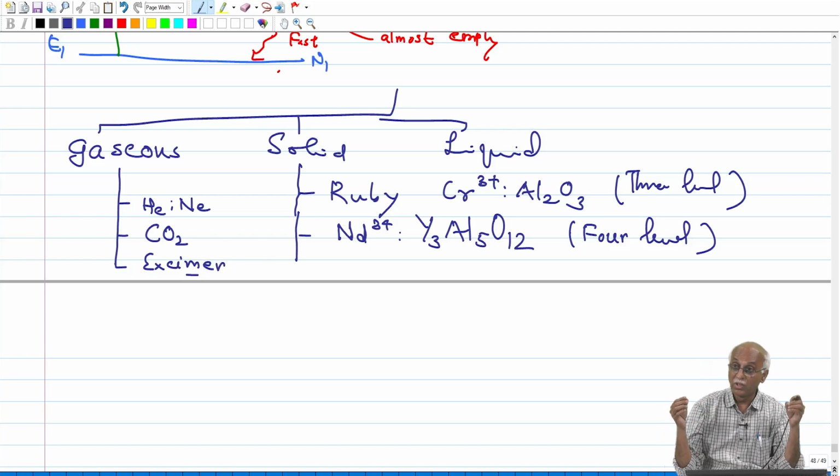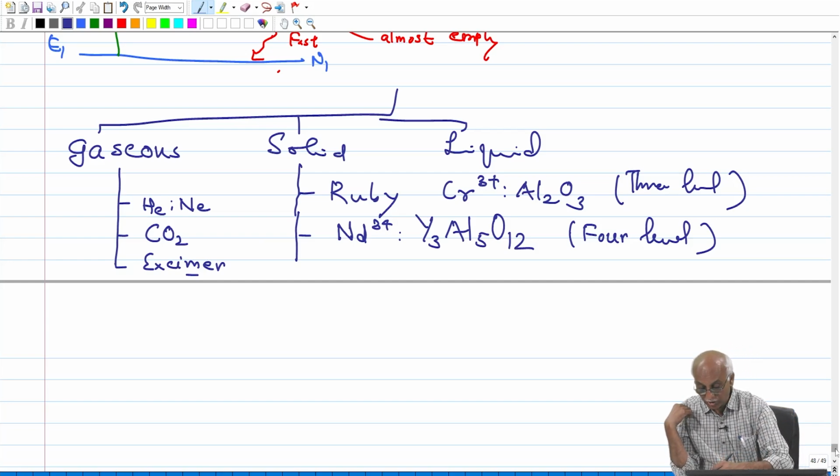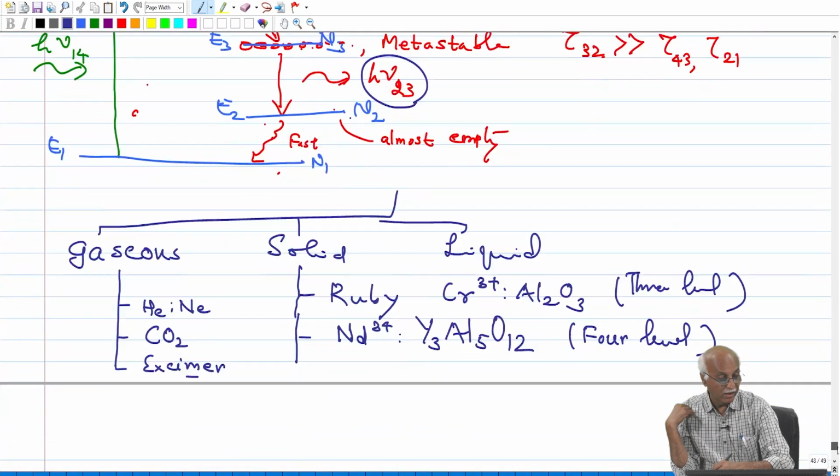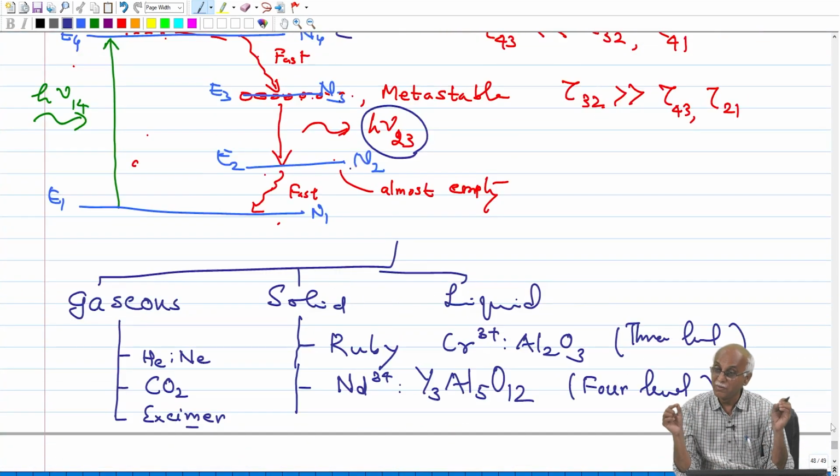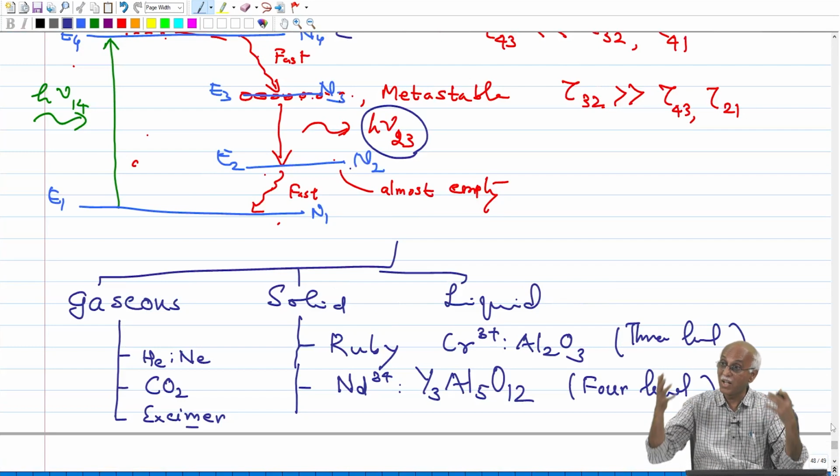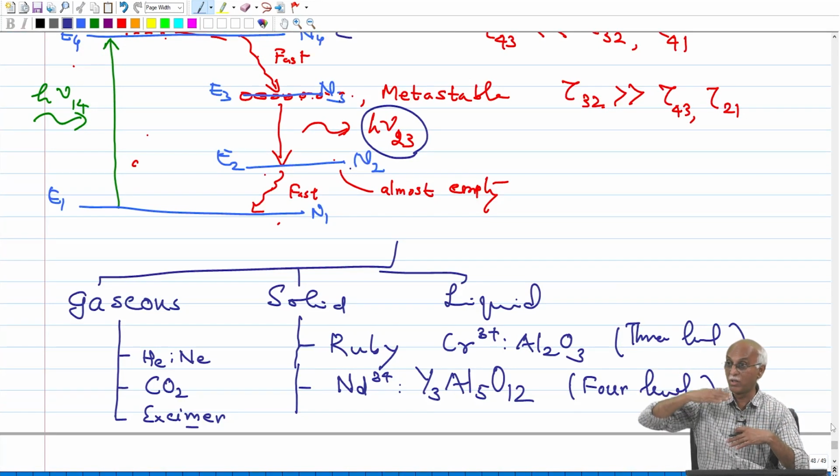Of course, in order to excite these gaseous molecules, we use electrical discharge. We create a discharge in the medium, and that discharge provides energy for electrons or atoms to get excited and go to higher levels.